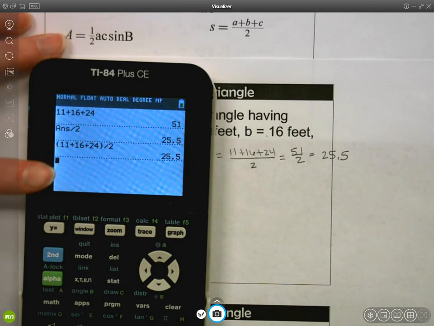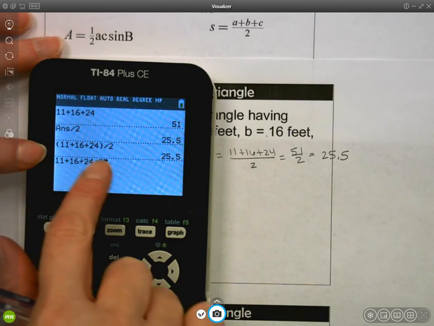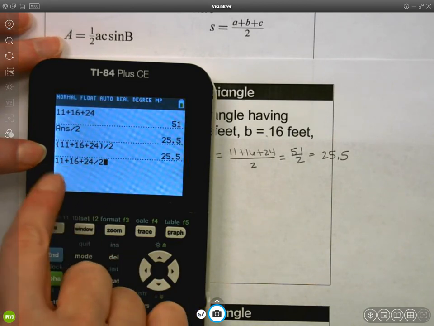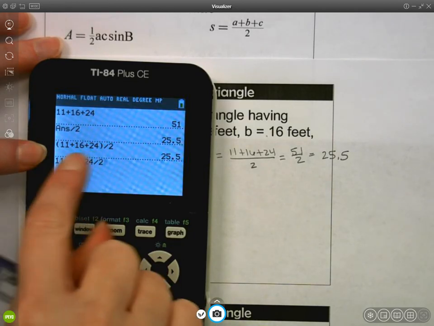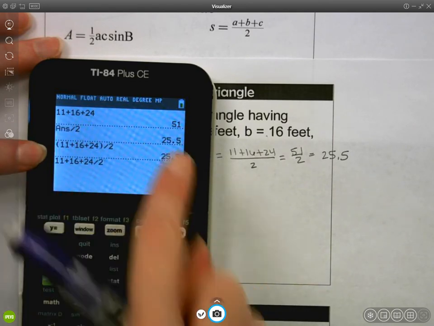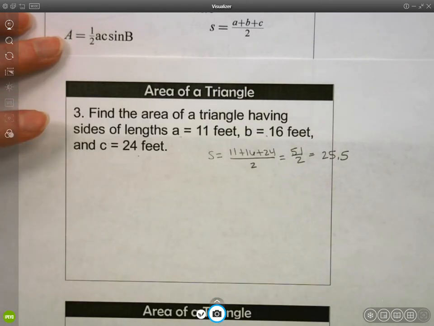But if you try to type it in like this, the calculator is going to divide first and then add those 2 numbers to it, because that's what the order of operations says to do. So either put the whole top in parentheses or figure out the top and then divide by 2 in a separate step.